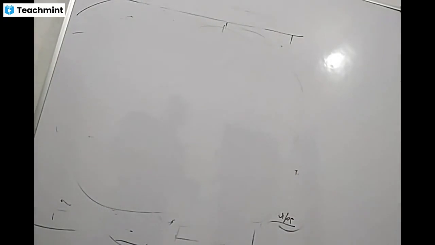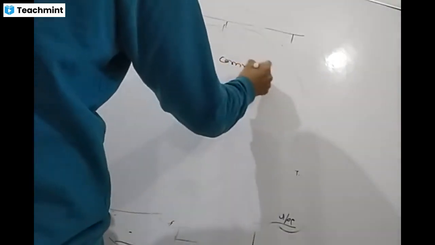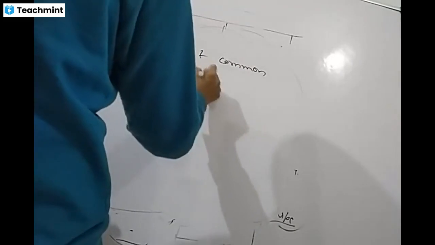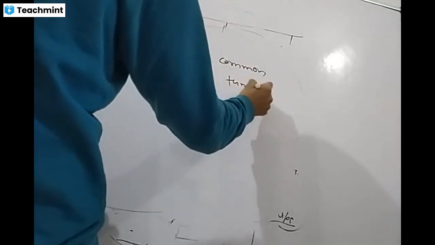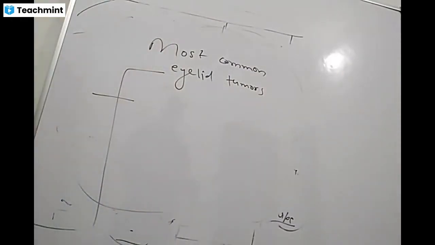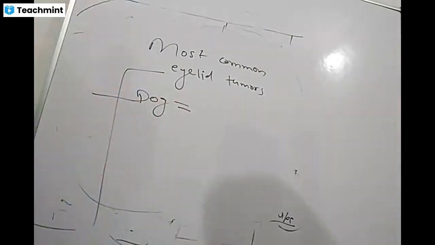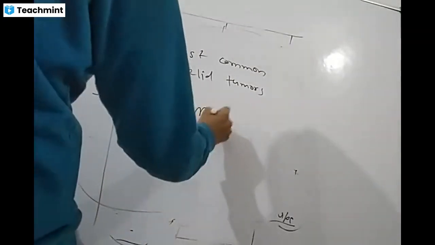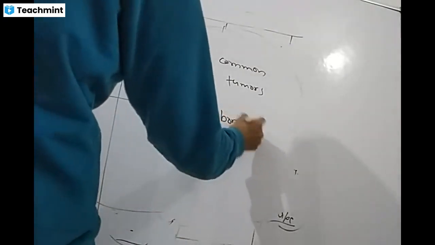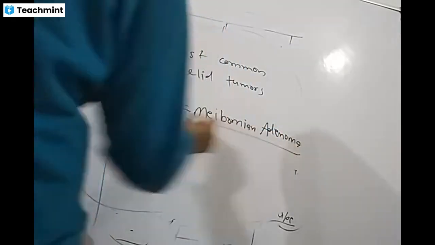Then at the end, the last topic is eyelid tumors. Most common eyelid tumors, species-wise: in case of dog, meibomian adenoma is most common.